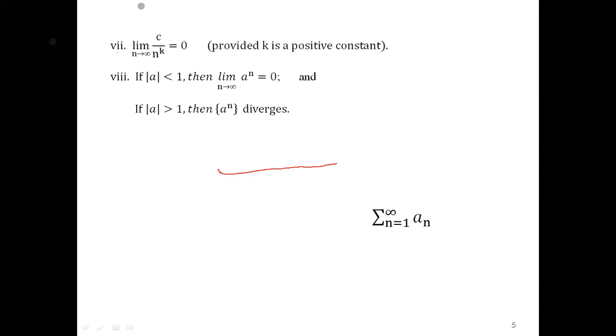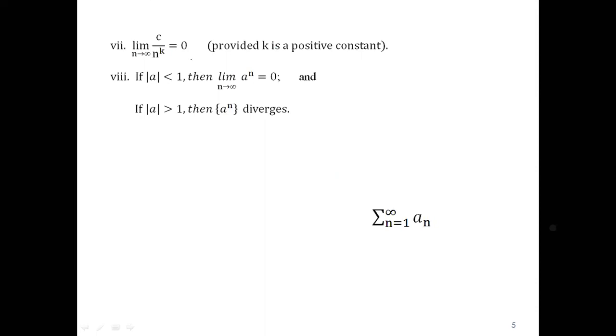So we move to 7. The limit of C over n raised to the power k as n approaches infinity is equal to 0. This is provided k is a constant.